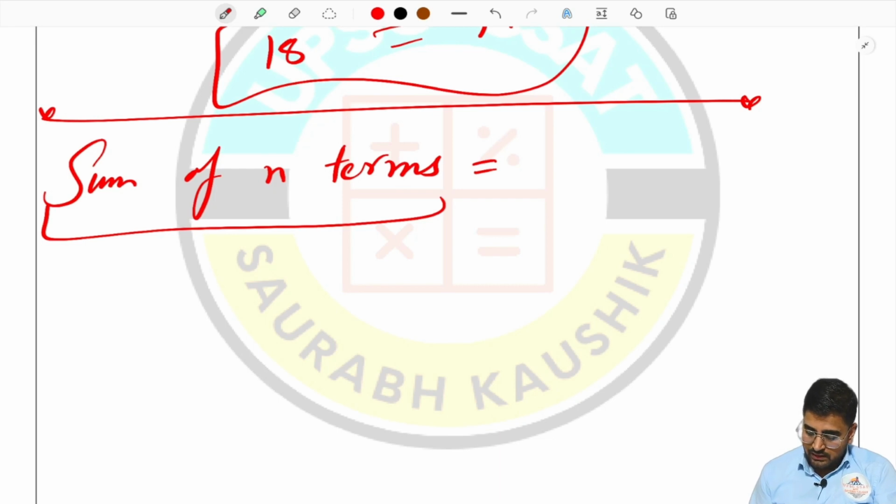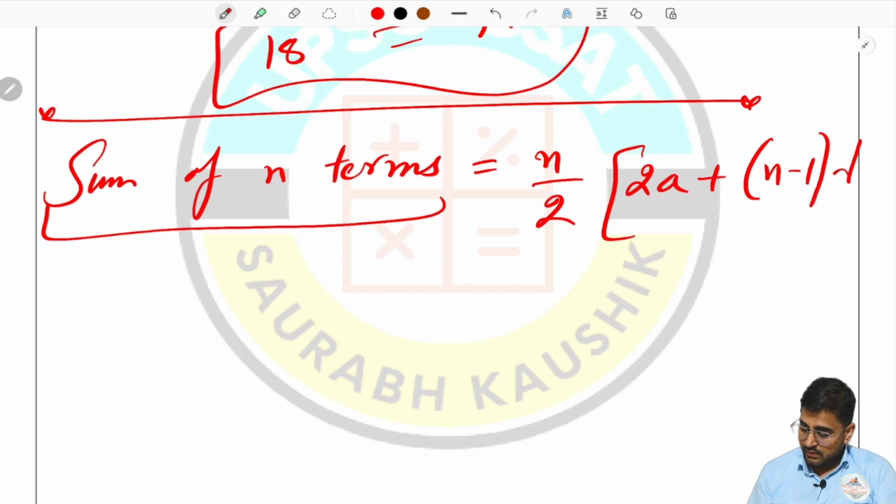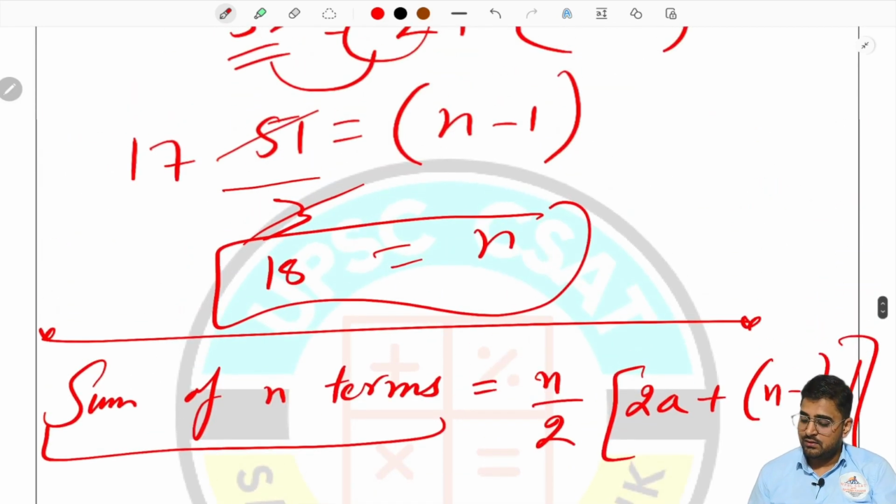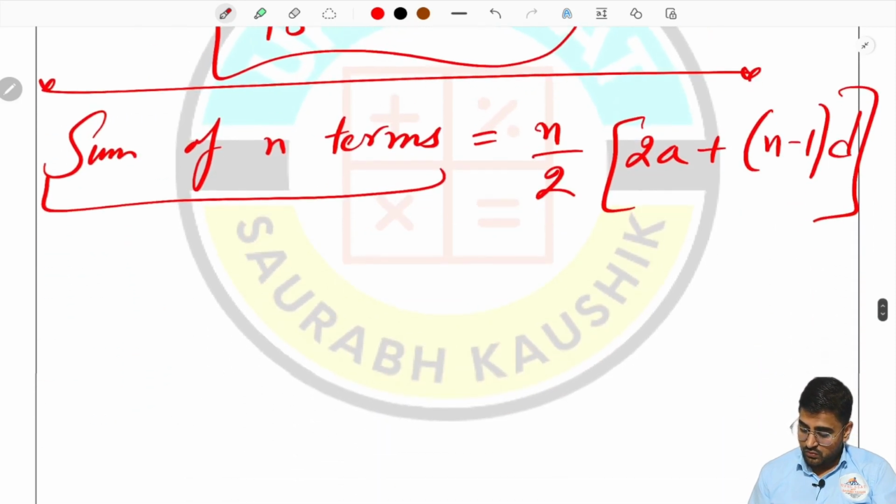The sum of the n terms is n by 2, meaning total number of terms by 2, then twice a, where a is the first term, plus again the same thing, n minus 1 into d. Why this is so, you know the answer, we have discussed it.